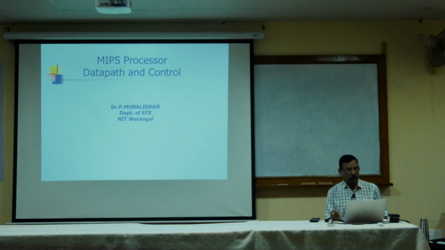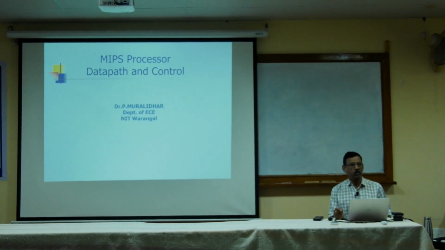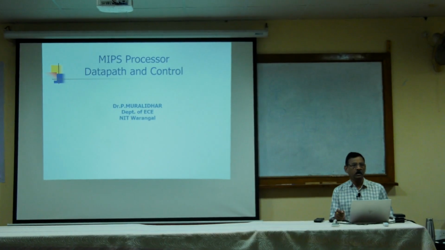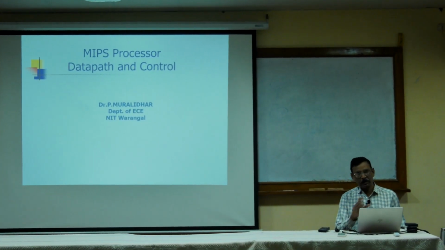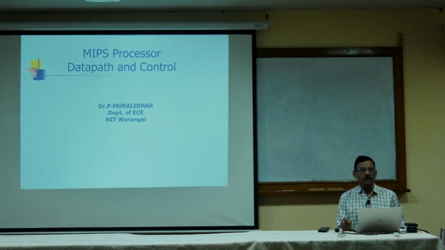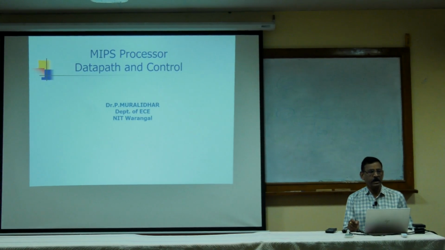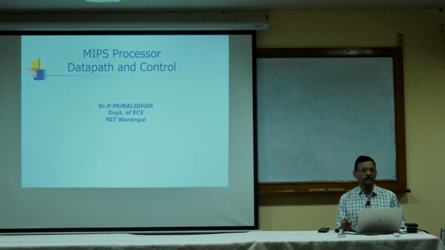In the top-down design approach, we first plan the specifications and identify which components are required, the data path components. Then we develop the data path, and later we decide and design the controllers.